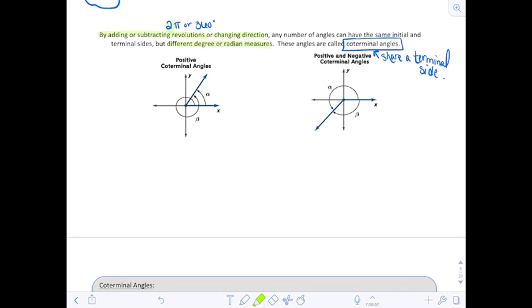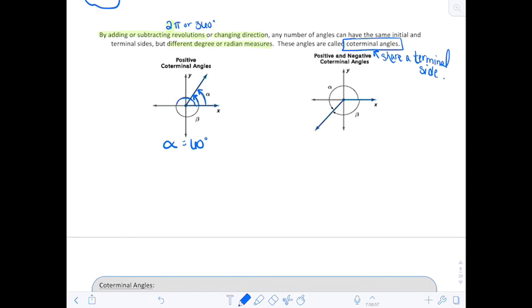Positive coterminal angles. Notice they're both going counterclockwise in their rotation, so they're both positive. Let's say that alpha is 60 degrees. Well, this angle beta has the same terminal side.